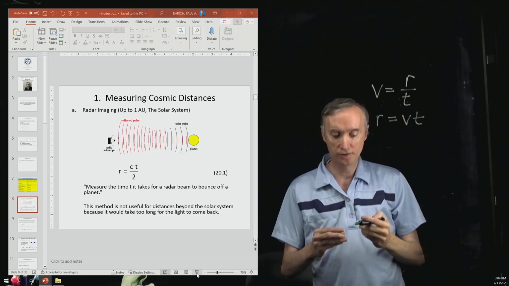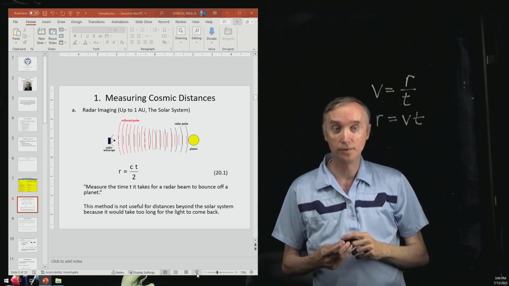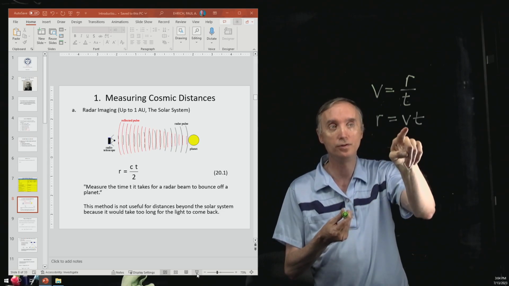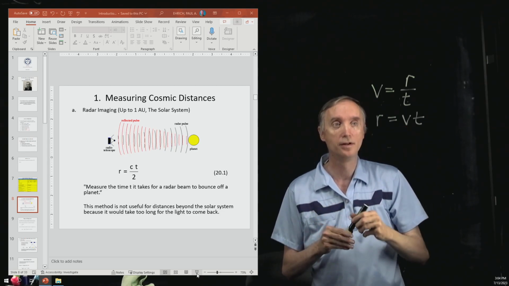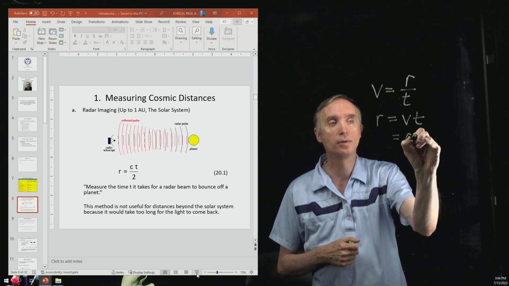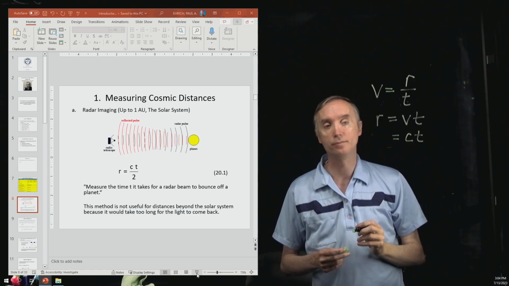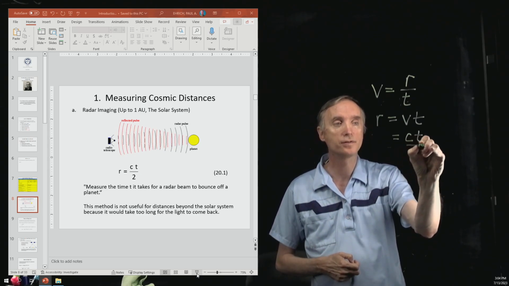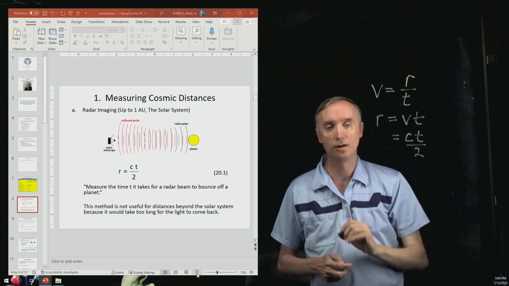Now, if we're using light waves, then the speed of light is what we use for the letter v, so it becomes the speed of light multiplied by time t. But if you look at the formula, you notice it has a 2 on the bottom.